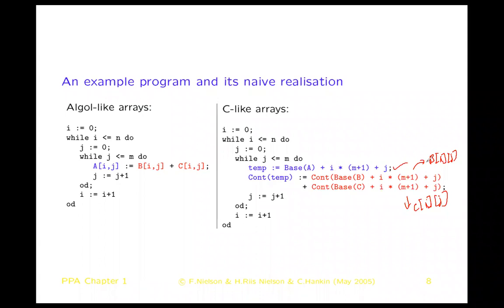So this is how our basic matrix addition algorithm looks if you lower it a little bit. And you can see here multiple redundant computations after it gets lowered down.